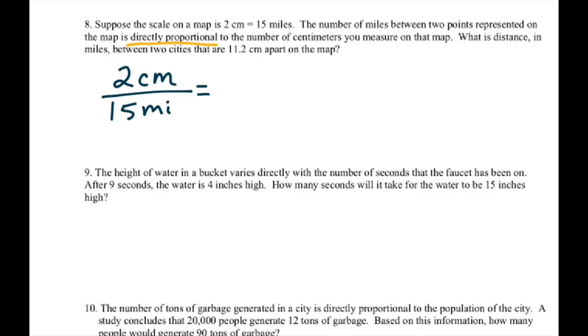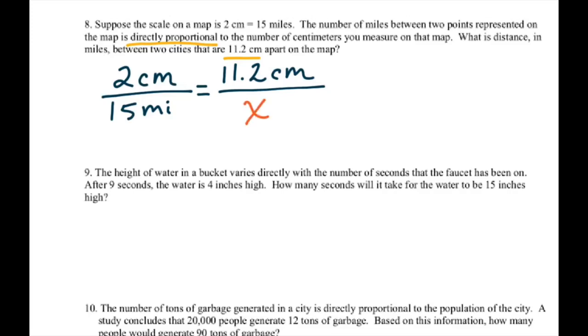So if we look at this, it's giving me more centimeters. So that means that I need to put the 11.2 centimeters on the same side of the fraction that I had put the original centimeters here. So now we're just solving for how many miles we have here.